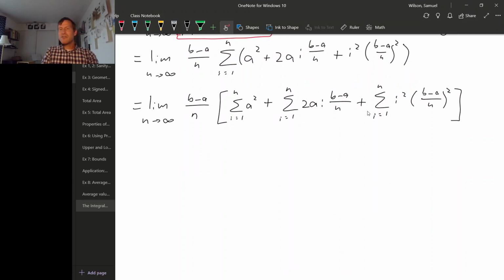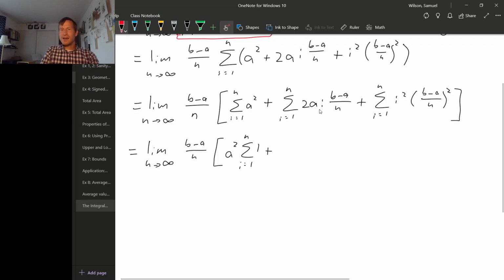Next, now that we have all these sums written separately, let's factor out any common factors for each one of them. So limit as n goes to infinity of (b minus a) over n. For this first one, we can factor out this a squared. So a squared times the sum from i equals 1 to n of just 1, right? We factored out everything, so that leaves a 1 behind. Plus, in the second one, we can factor out everything except this i right here.